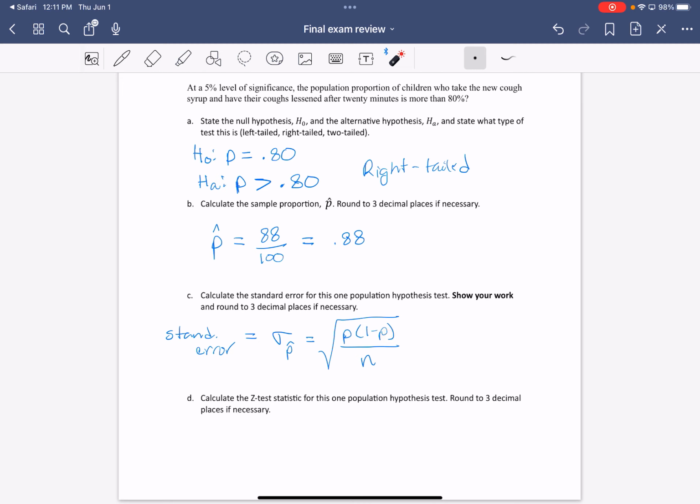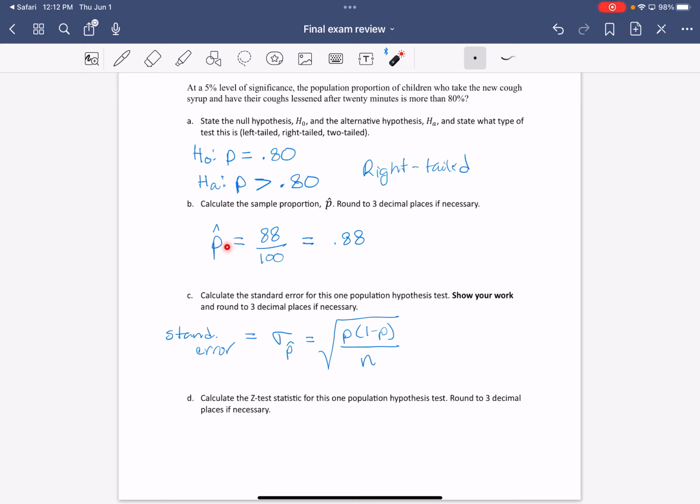Be careful. This is probably the most common mistake I saw students make on the exam. What is our P? What's our P value? The population. 0.80. Yeah, it's 0.80. You stated P up here, right? The mistake I saw students make is they were plugging in 0.88, but 0.88 isn't P, that's P hat. Big difference, right?